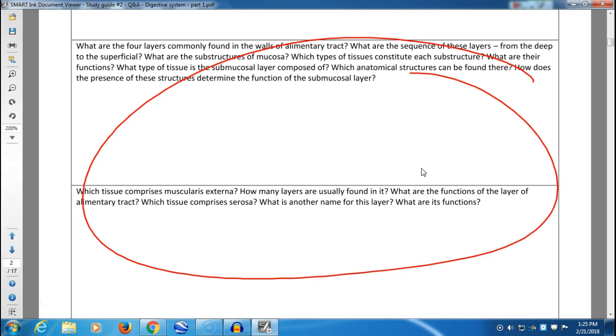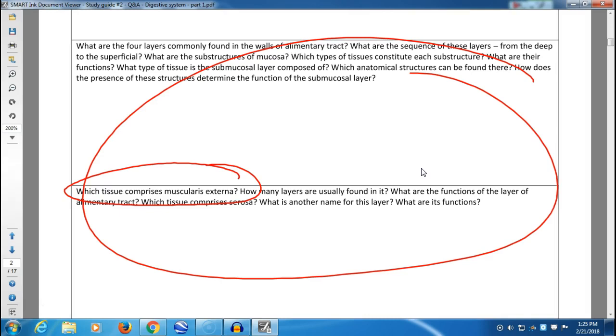Then you have submucosa, which is basically connective tissue with a lot of blood vessels. Then you have muscularis externa. How many layers usually? Two of what? Smooth muscles, circular and longitudinal. And then you have serosa, which produces watery secretion to avoid extensive rubbing and friction on the outside of the organs.